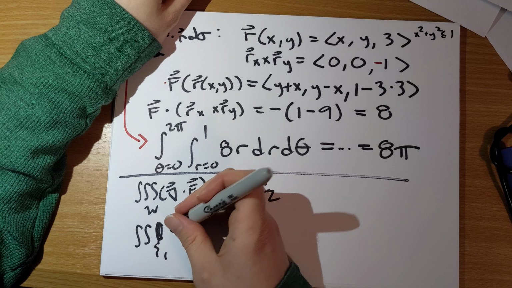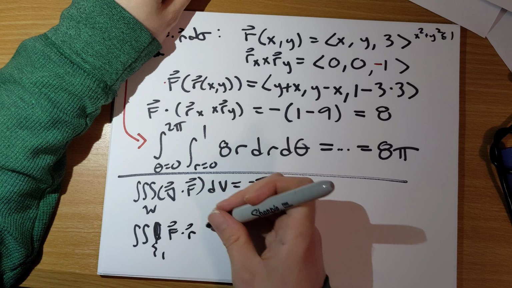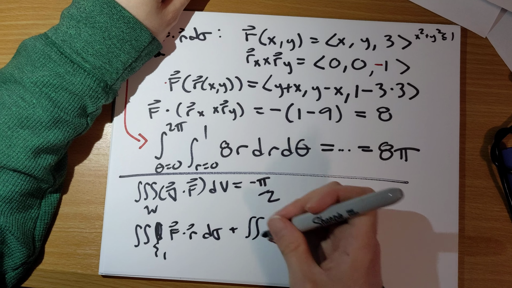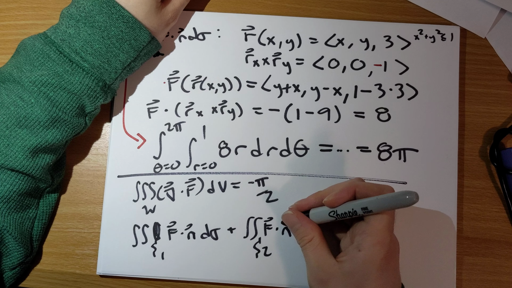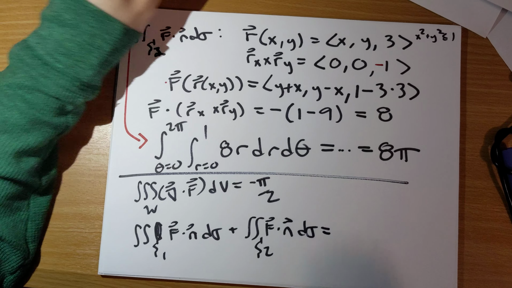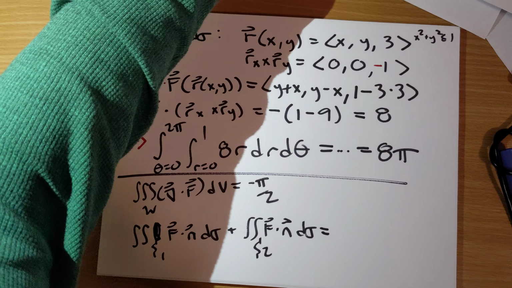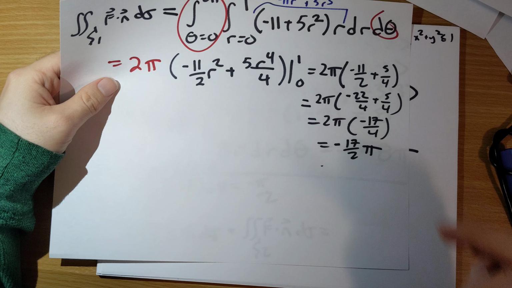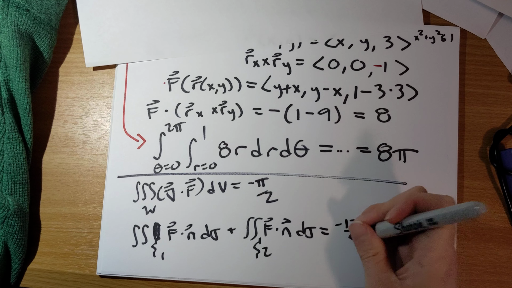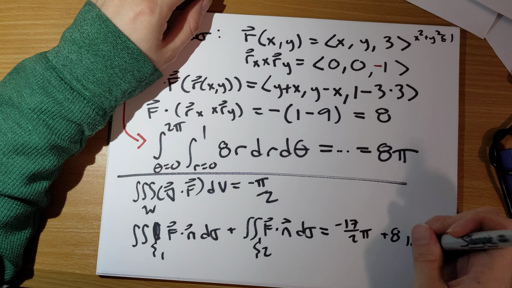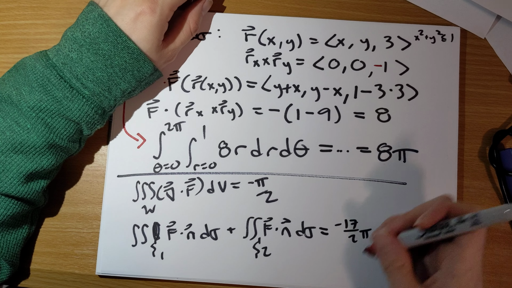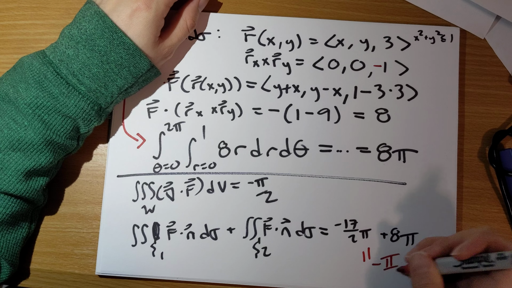The integral over S1 of f dot n d sigma plus the integral over S2 of f dot n d sigma is going to be negative 17 over 2 pi plus 8 pi. And yes, this is equal to negative pi over 2.